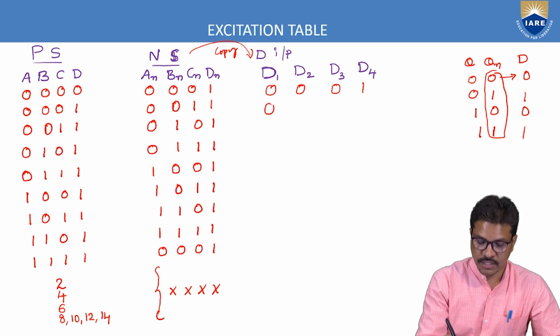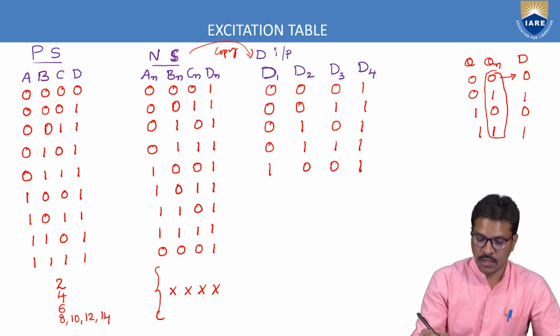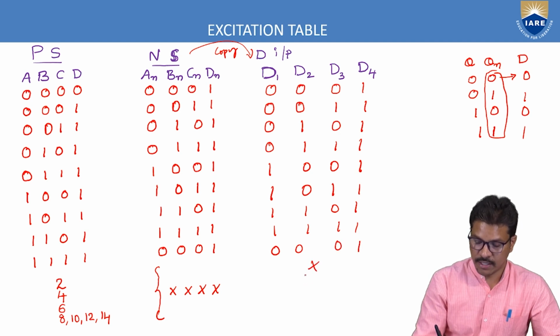Next 0, 0, 1, 1, 0, 1, 0, 1, 1, 1, 1, 0, 0, 1, 1, 0, 1, 1, 1, 1, 0, 1, 4 ones, 0, 0, 0, 1. Next, don't cares. All 4 don't cares, remember.